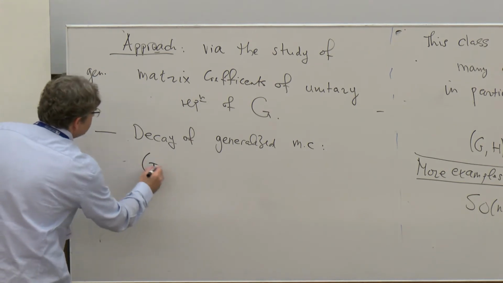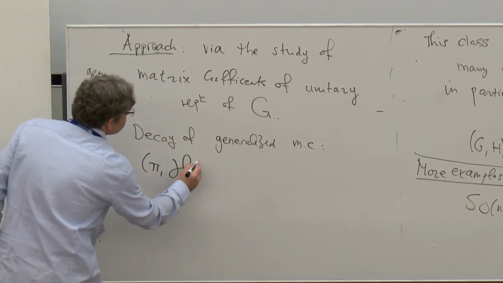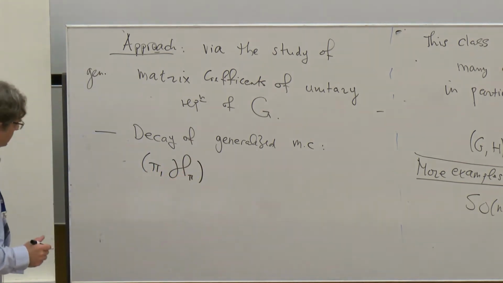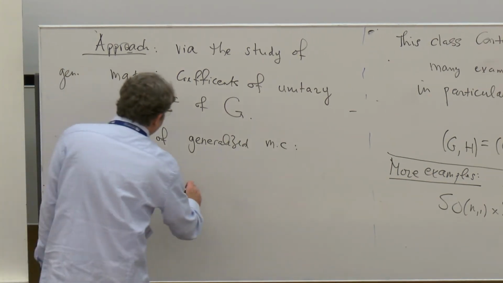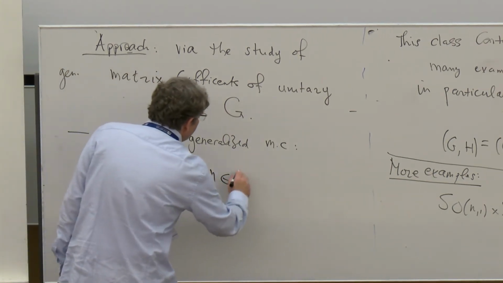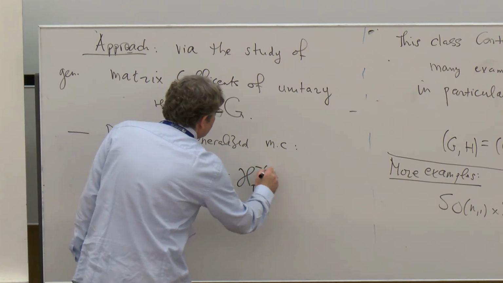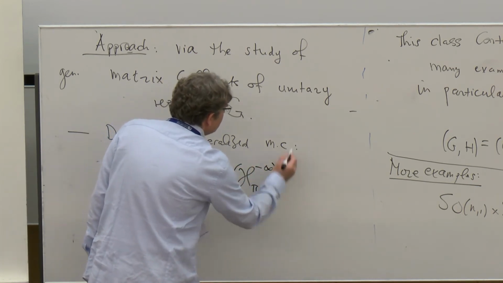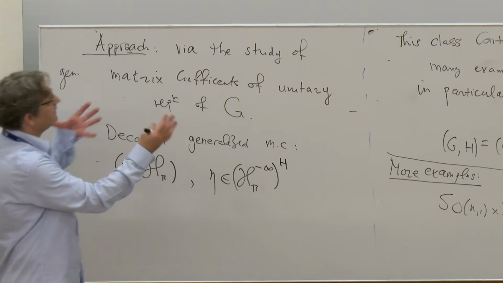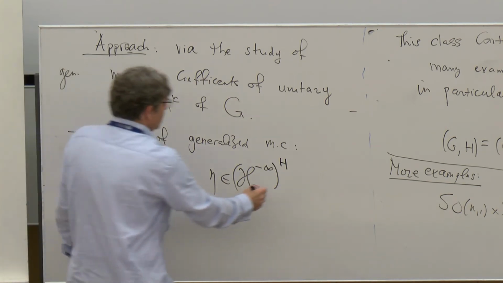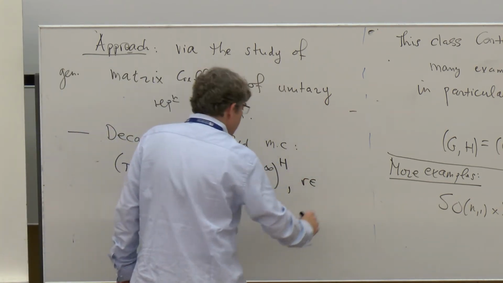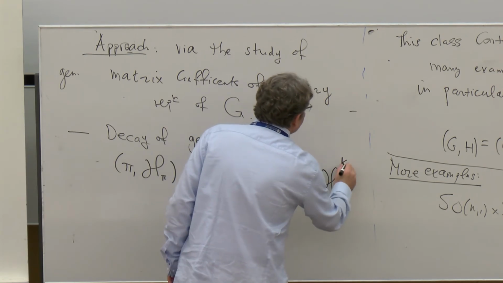Suppose we have a unitary representation pi, which is afforded on a unitary Hilbert space H pi, and suppose we take a linear functional eta which is H-invariant. I'm in the setup of this G and H, and v, say, a K-finite vector.